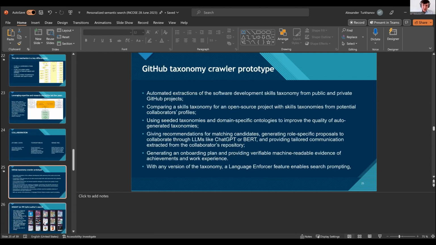Now what we are building is a GitHub taxonomy crawler prototype. It implements the use case I've been describing, but specifically for GitHub. It takes your personal GitHub as a repository, builds a taxonomy of your skills, publishes it, and other people can look and generate project proposals to collaborate from their Git repositories using this Terraform web browser plugin, and connect to other sources.